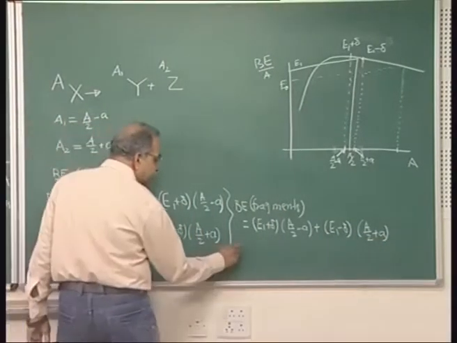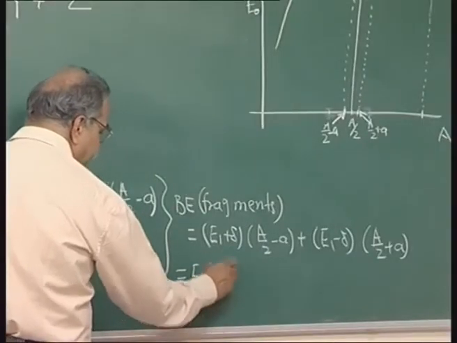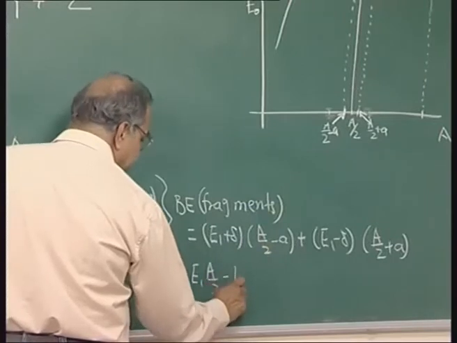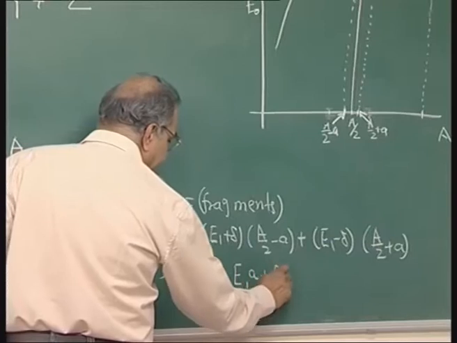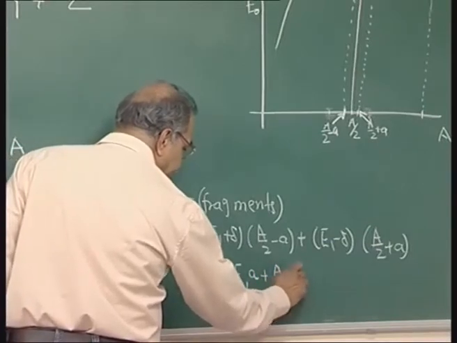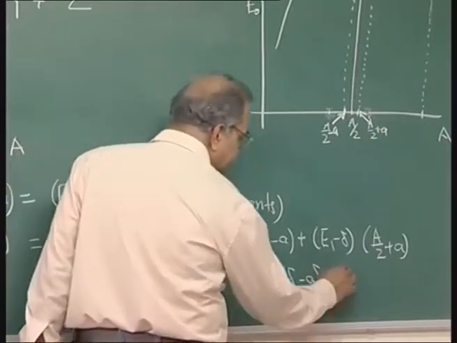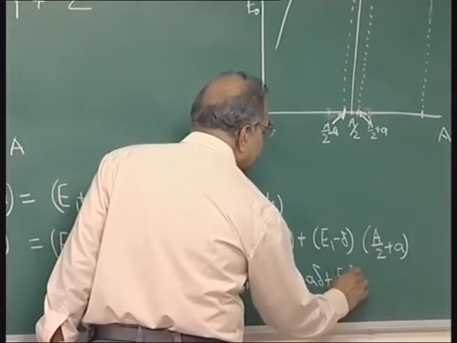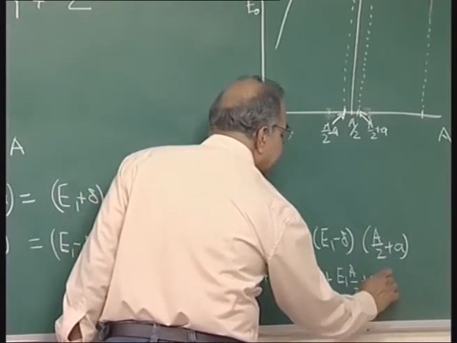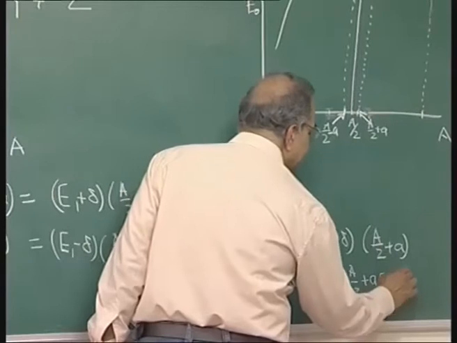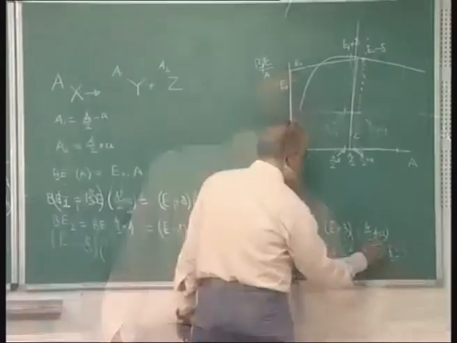This you can expand: E1 times A by 2 minus E1 times small a plus A by 2 delta minus a delta, and similarly the other bracket, E1 times A by 2 plus a E1, then minus A by 2 delta and minus a delta.